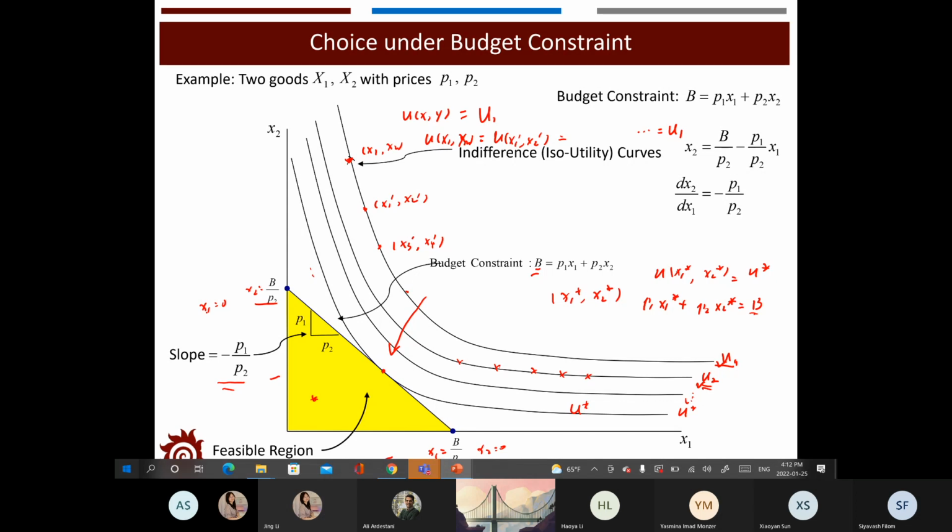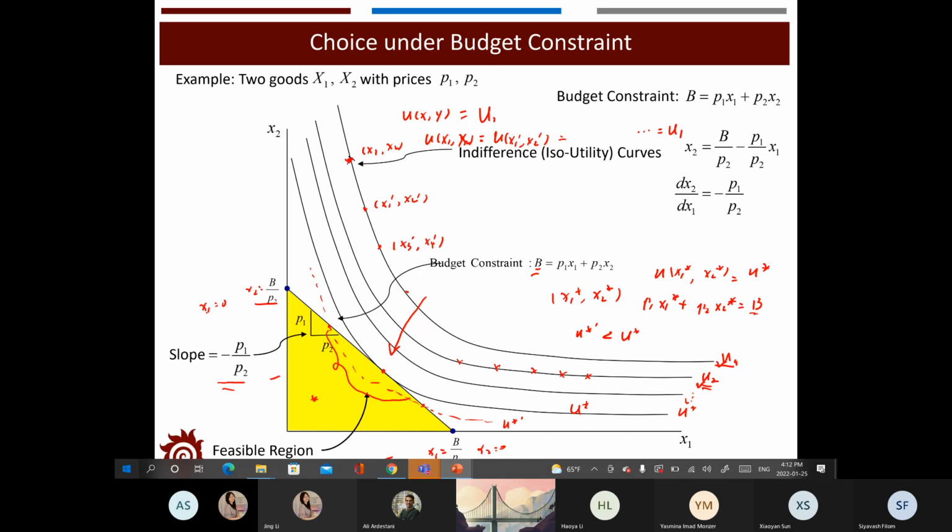If we continue searching and find another utility curve, this would be u star prime. You will find there might be many possible solutions within the yellow region. Those are all possible solutions, but their utility, u star prime, is always smaller than u star.